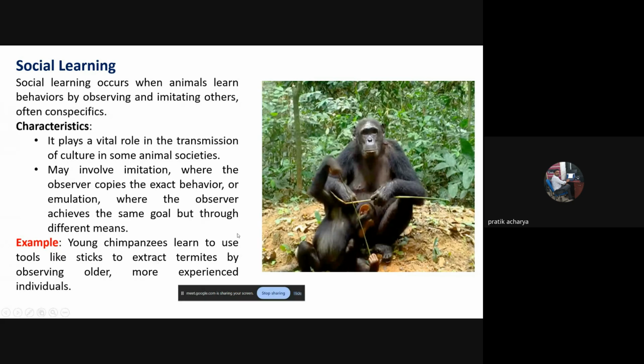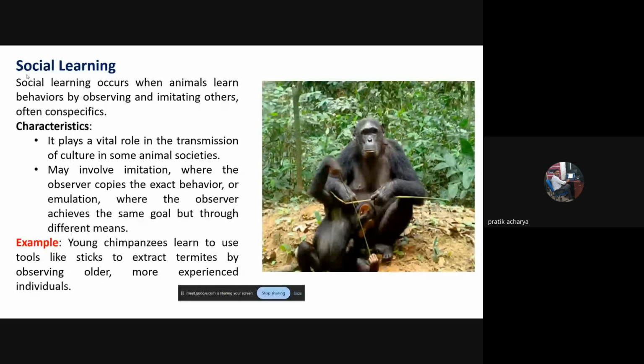By observing the older ones, that is the behavior the young one performs. That kind of behavior is known as social learning. It is also applicable to our case. The newborn, the infant, the child start learning the activities performed by the surrounding organisms or family members.